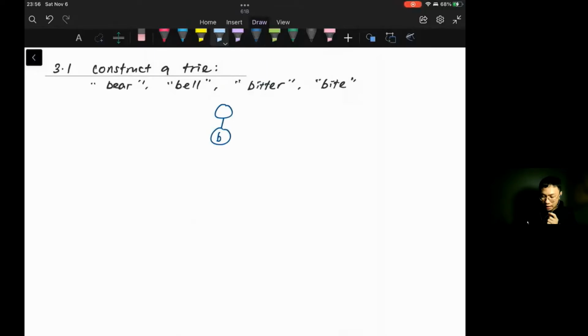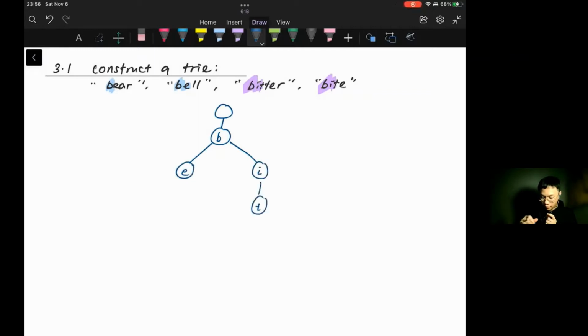So we can see that bear and bell, the common prefix is be, whereas for bitter and bite, the common prefix is bit, just like bite. Okay, cool. So this means that we can further break our tree into these two main branches. We have BE around here and then BI and T.